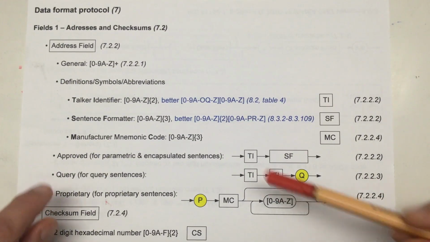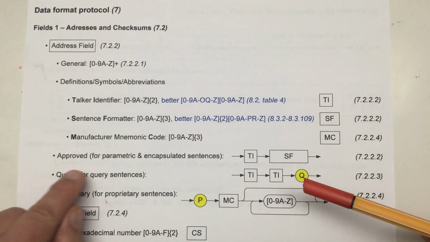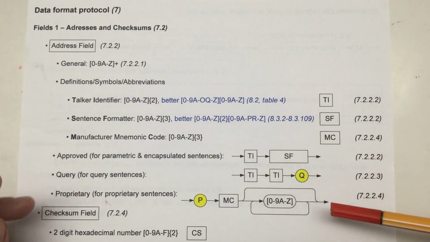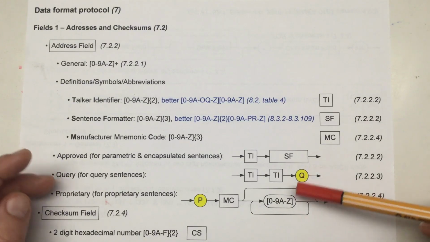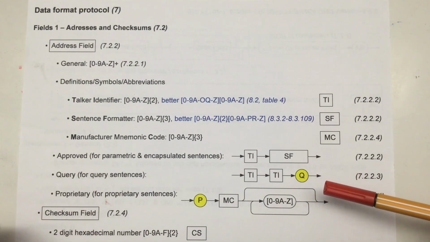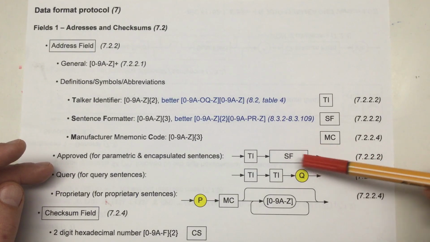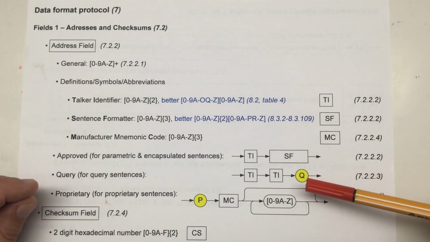Time to double back to the blue part of the sentence formatters. So both approved and query address fields consist of 5 characters, and query address fields end with a Q. In fact, approved address fields, that is sentence formatters, never end with a Q, enabling you to distinguish between the two.